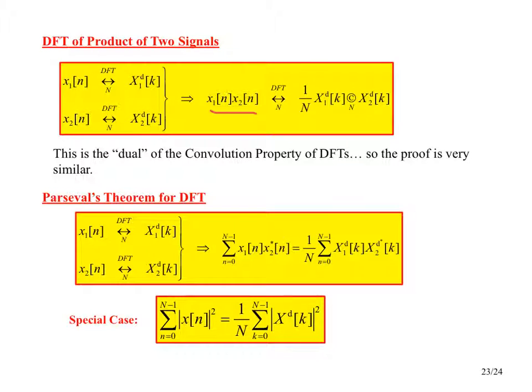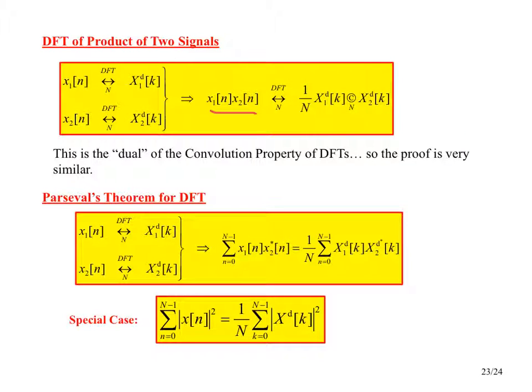They have the same period, period of capital N. What's going to happen when I transform that product over into the DFT domain? Well, since the machinery is pretty much the same as inverse DFTing a product, I should expect almost exactly the same thing. I get a 1 over N out in front just because of that pesky 1 over N in the definition of the inverse DFT.